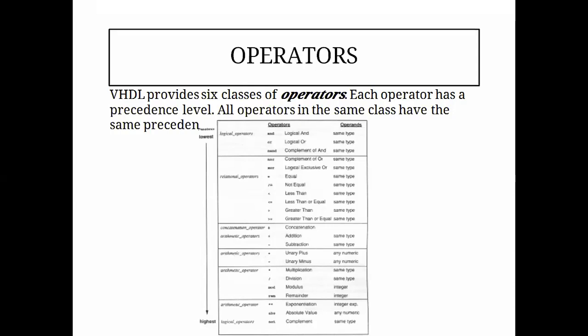Predefined data types, enumerated, array, record, integer. Are you getting my point? These are the data types used in VHDL, and signal, constant, variable are the data objects. So never get confused between data objects and data types.